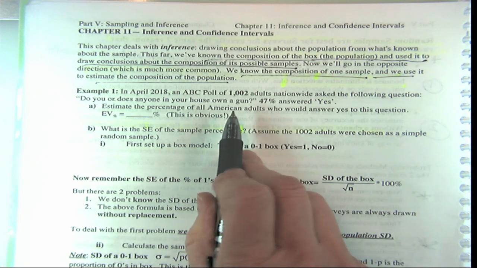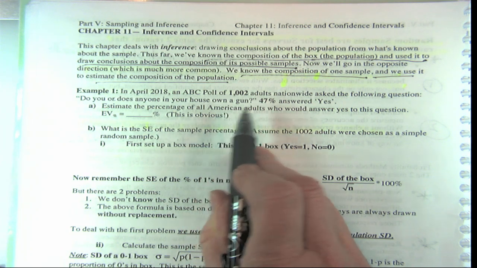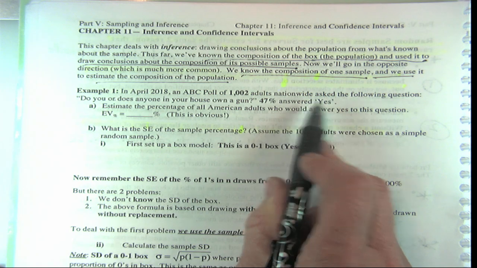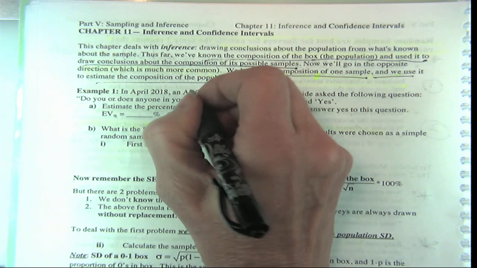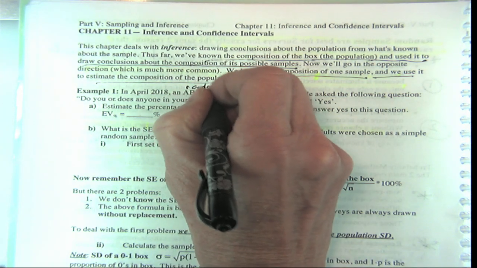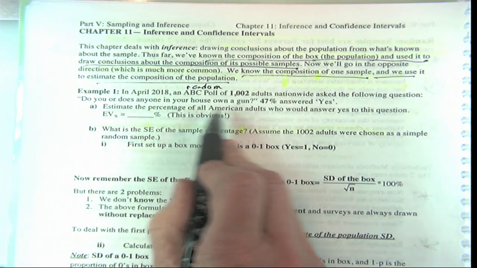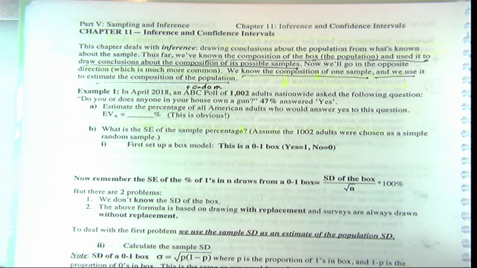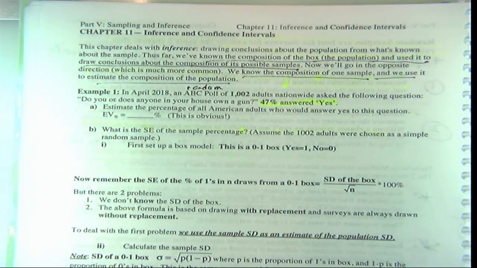So here's a poll from last year that asked 1,002 adults nationwide. It was a random poll, I should say that. Do you or anyone in your house own a gun? And 47% said yes. I looked just last night, and it's still about the same this year.